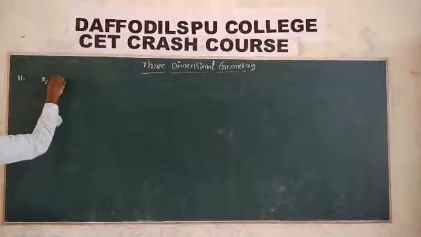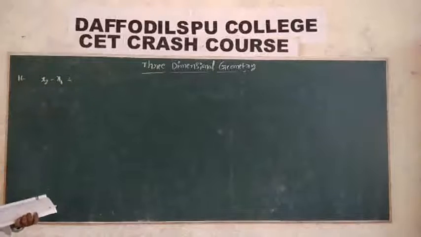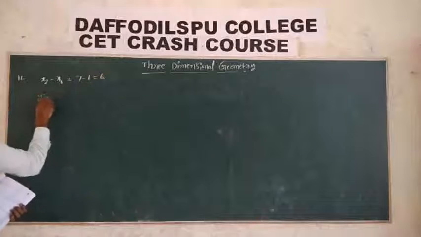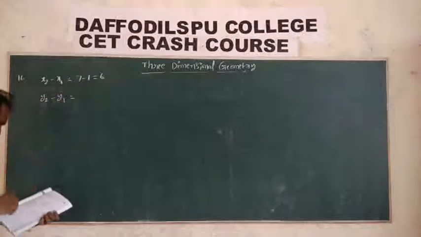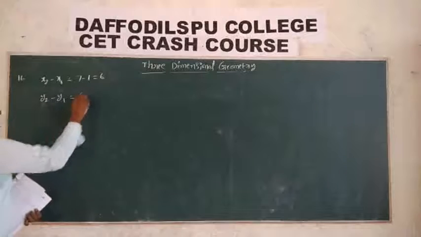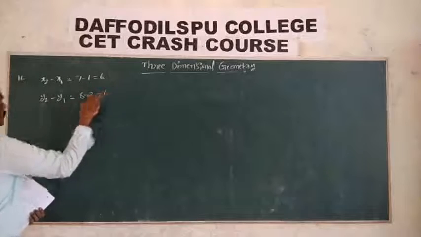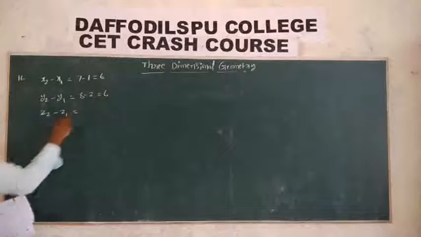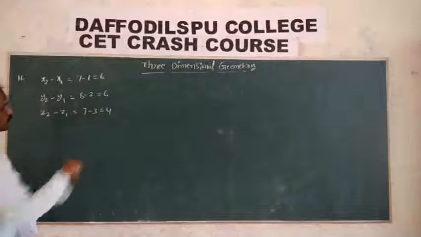First of all, the direction of AB: x2 minus x1, 7 minus 1, 6. y2 minus y1, 8 minus 2, 6. z2 minus z1, 7 minus 3 is equal to 4.